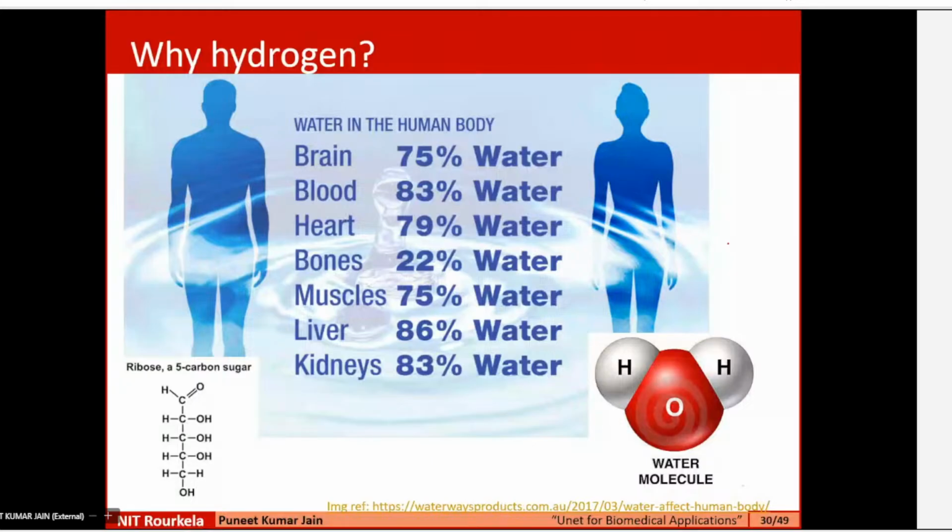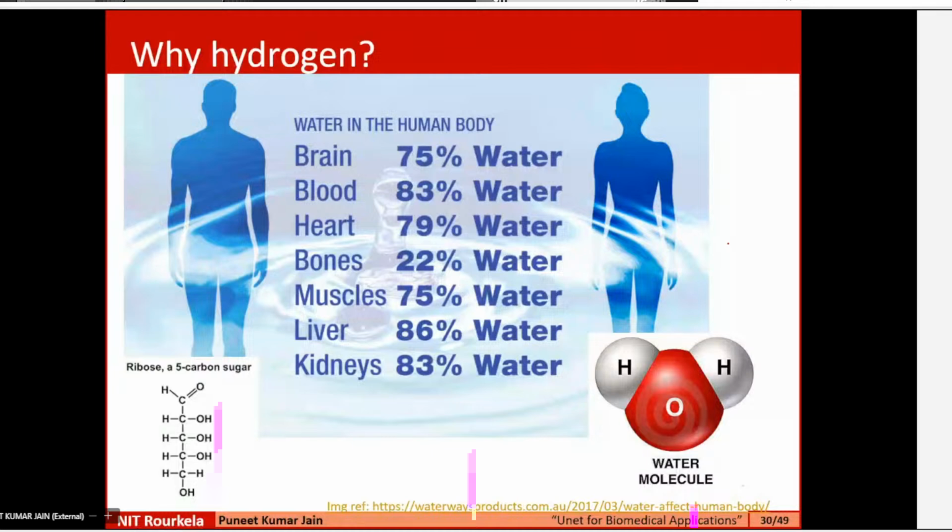Now, due to the different density, the energy spectrum of these hydrogen protons is different, right? The bonding energy is different in these different molecules.